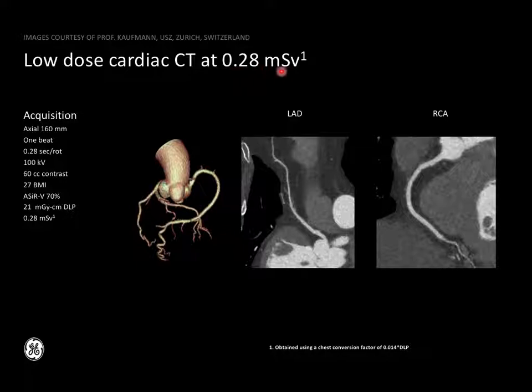And so this actually won't mean that much to you, but recall that the radiation dose you receive just being alive and walking around is 3 millisieverts over a year. And this picture of the coronaries here, this person took 0.28 millisieverts.